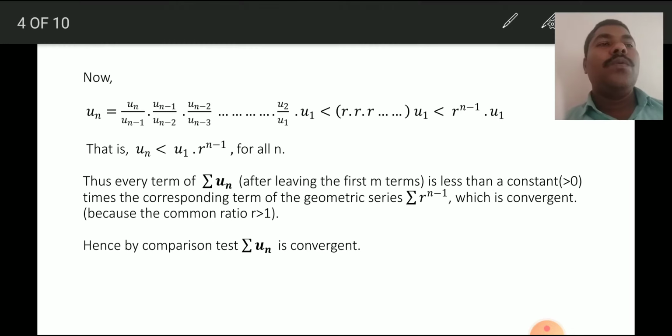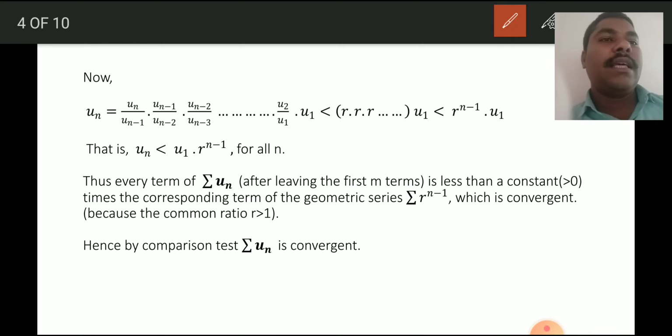Now, un is equal to un by un minus 1, un minus 1 by un minus 2, un minus 2 by un minus 3, dot dot dot u2 by u1 into u1. Here, un can be written like this.